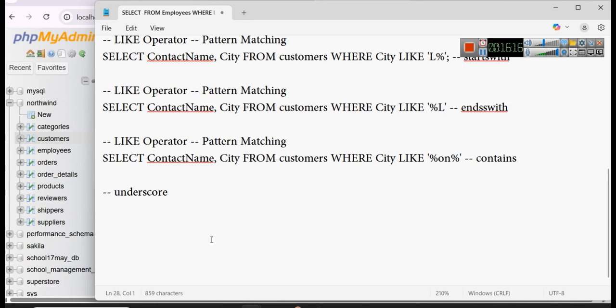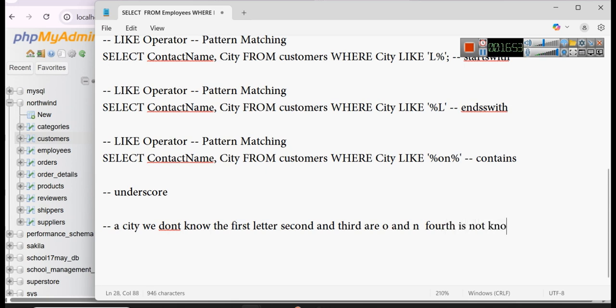Let's say I want a city where the first letter we don't know, the second and third are O and N, the fourth is not known, the fifth is R, and then there can be n number of characters.